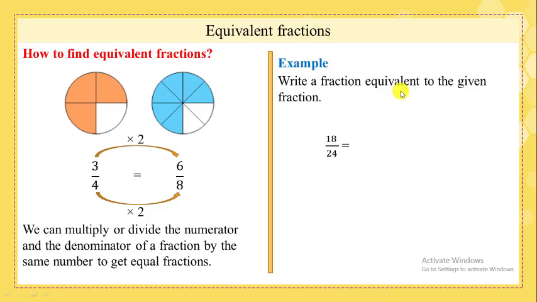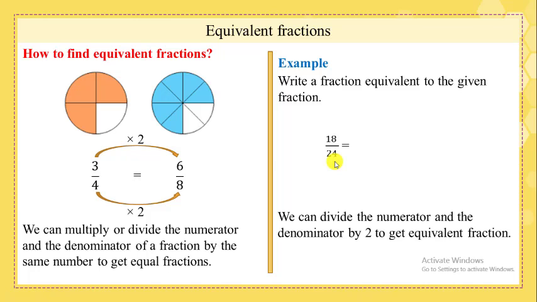Now let us take an example. Write a fraction equivalent to the given fraction. Let us find a fraction equivalent to 18/24. We notice that we can divide the numerator and the denominator by 2 to get an equivalent fraction.